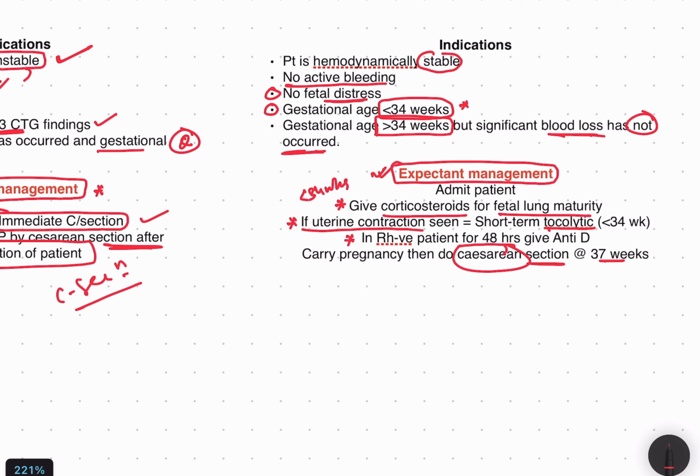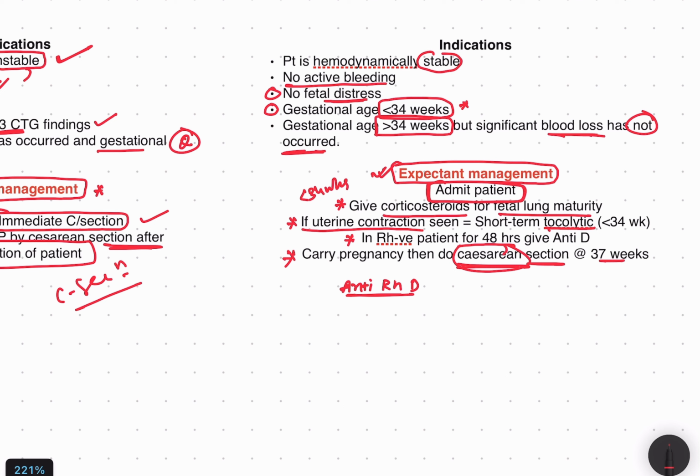In case of Rh negative pregnancies, we can give anti-D within 48 hours. Then we carry the pregnancy and do the cesarean section at 37 weeks.